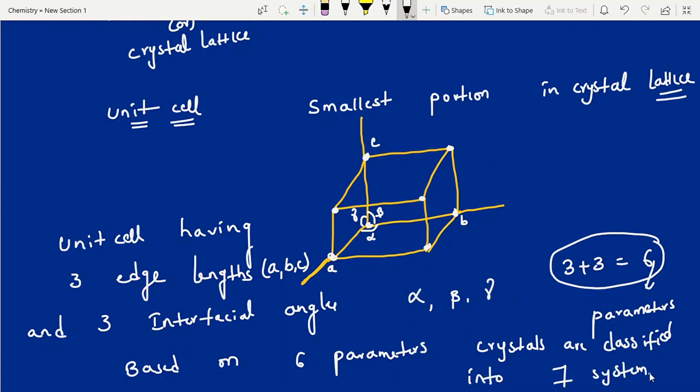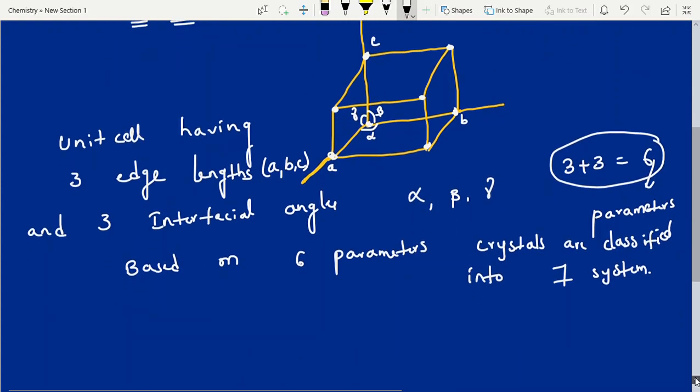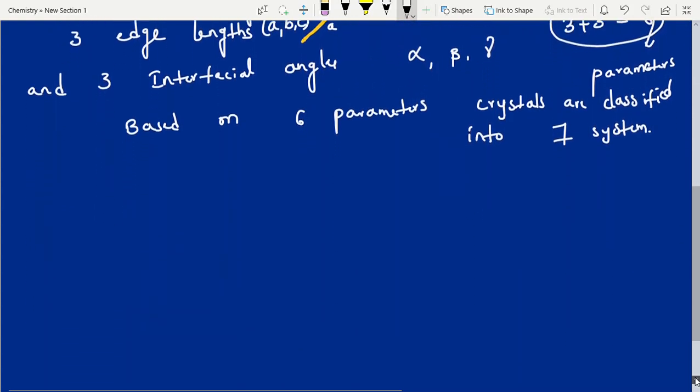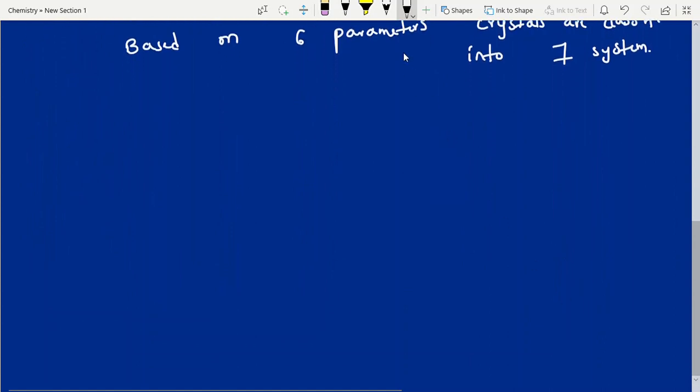These are all basic points, students. If you don't have command of the basic points at the start of solid state, in the next topics also you get confused. We are speaking of 7 crystal systems and we are using Bravais lattice. What are these words? First I'll give you clarity. Okay, now next, this is one part we completed.